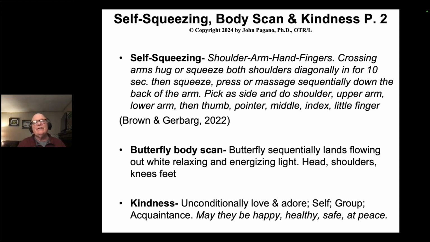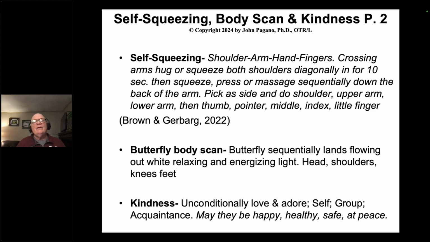He flies onto your left shoulder. White light comes down into your shoulder blade, your upper arm, your lower arm, thumb, pointing finger, middle finger, ring finger, and little finger.